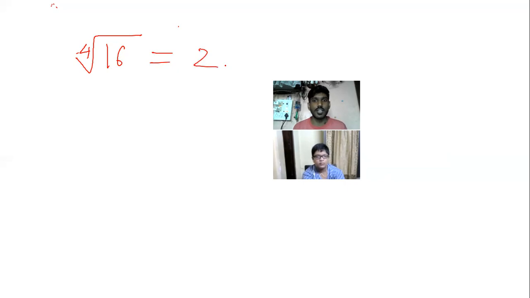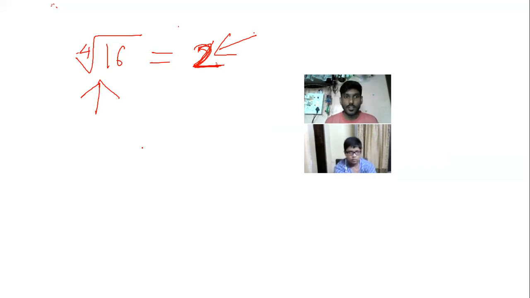Oh, the symbol made it irrational. But the answer you get, look at the answer to identify. Sorry, I wrote 2 here. So to identify, just look at the answer. The answer is a rational number. That is why you can say that this is not a surd. Is it clear? For this, we are getting an answer.